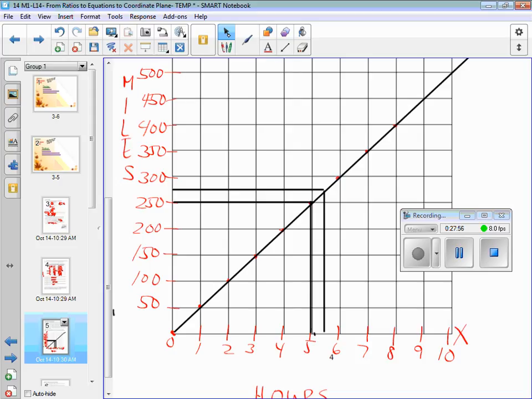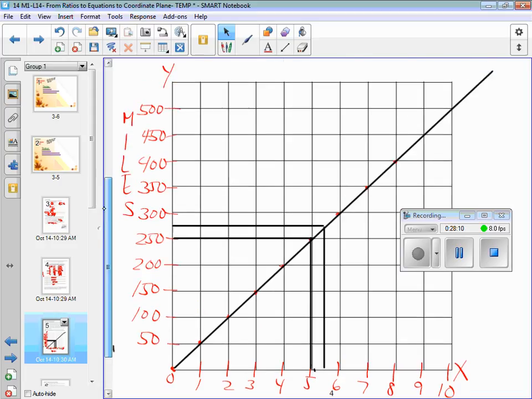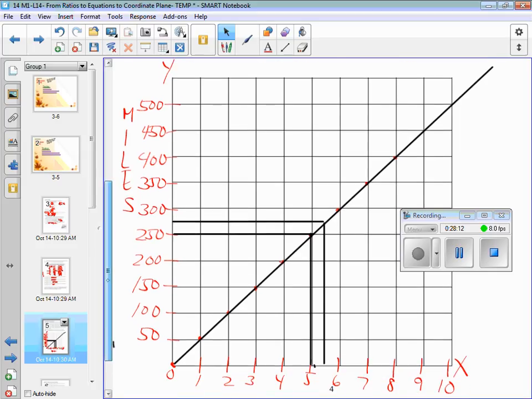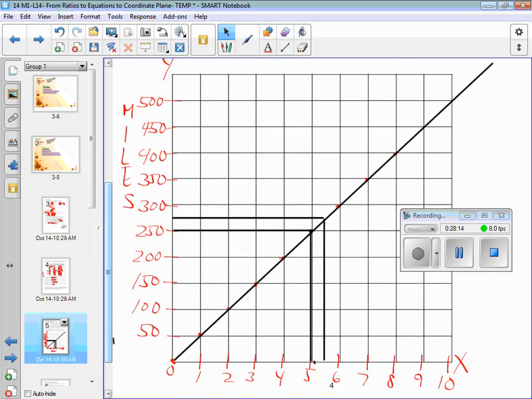Okay, number 4, we're starting to get a little harder. How many miles will the train have traveled after 9 hours and 30 minutes? Aha, 9 hours and 30 minutes is past the coordinate plane, isn't it? That's why we extend the line. 9 hours, 30 minutes.